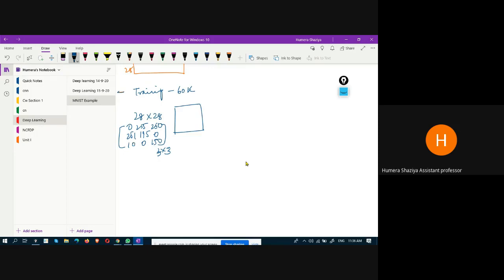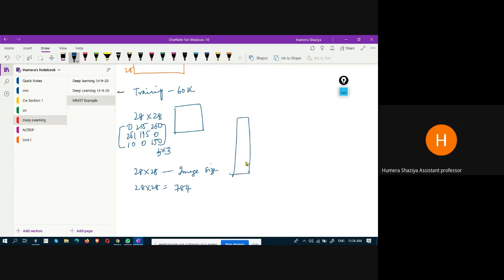You have a matrix of 28 by 28 for each MNIST image, because the size of each image is 28 by 28 pixels. This is the MNIST image size. What you are supposed to do when you are giving this to our training model is flatten it. Flatten it means you multiply 28 by 28 and you get 784. So now this matrix you are changing into a vector.